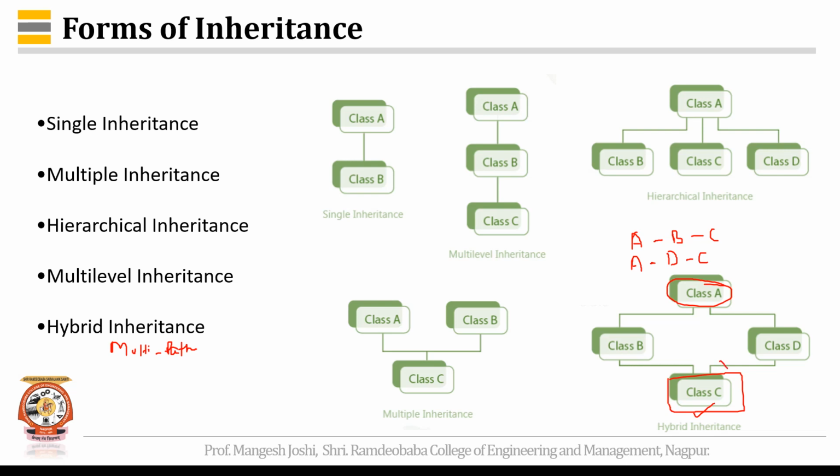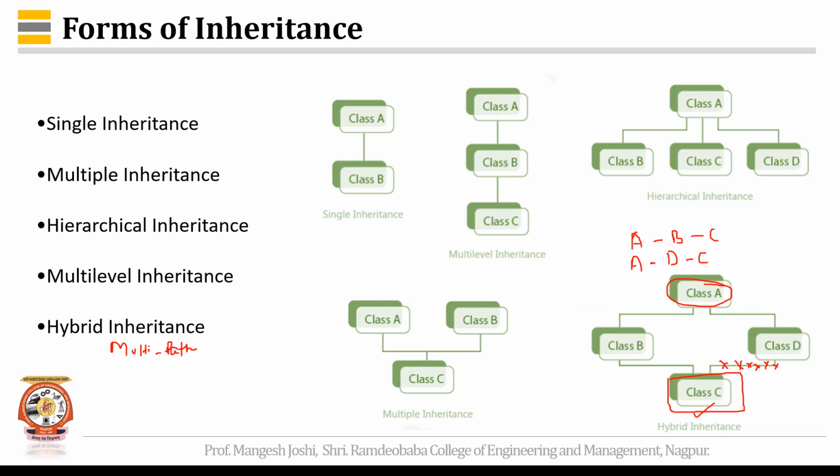And if this is not connected, then it will not be multipath, it will be hybrid. So this is the basic difference between hybrid inheritance and multipath inheritance.